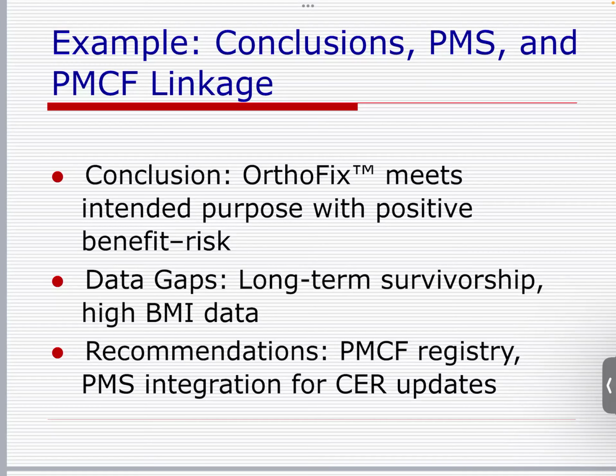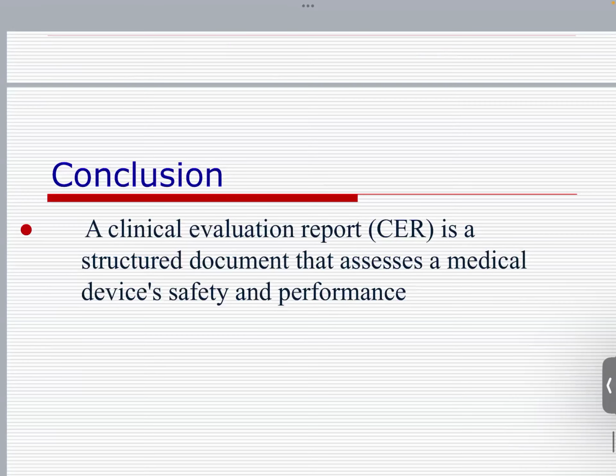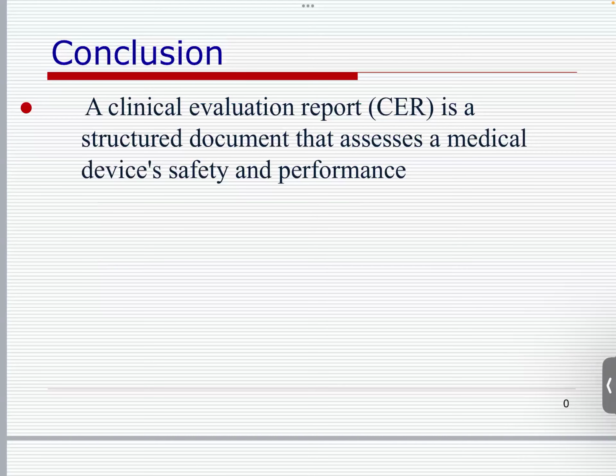Just an example. So what is the conclusion for our CER report? A clinical evaluation report is a structured document that assesses medical device safety and performance. The whole point of today's session is that this report is prepared for any device you investigate, and we generally answer the question of safety and performance.